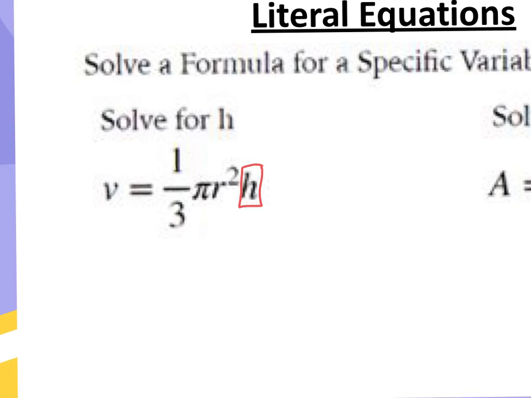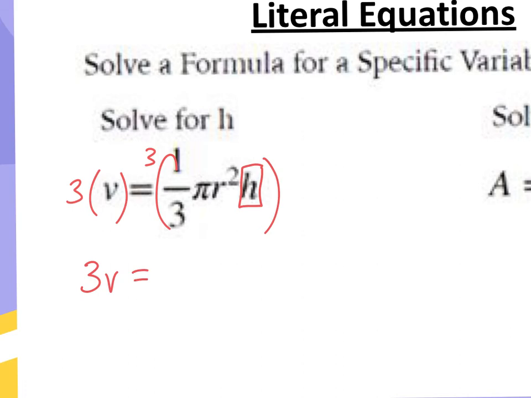I don't have any parentheses on this one, so I don't have to worry about distribution. But I do have a fraction. We don't like fractions. To kill this fraction, what do I need to multiply by? 3. So I'm going to multiply by 3 on both sides. When I do that, 3 times v is just going to be 3v.